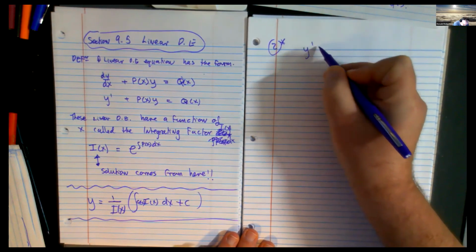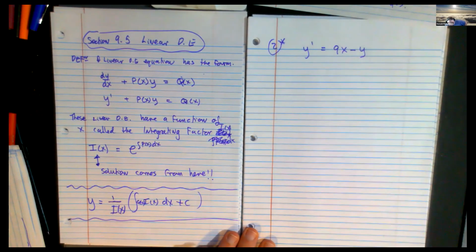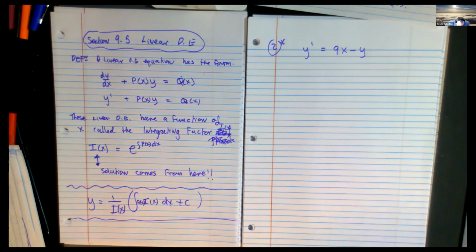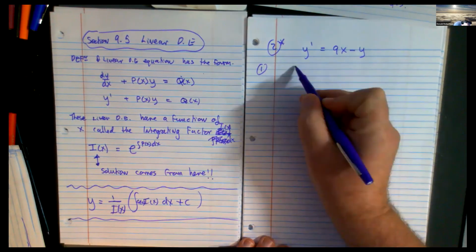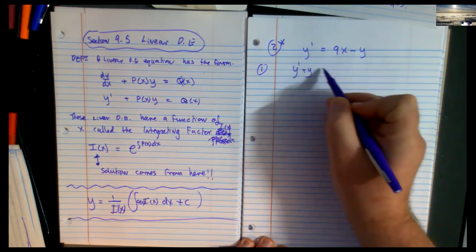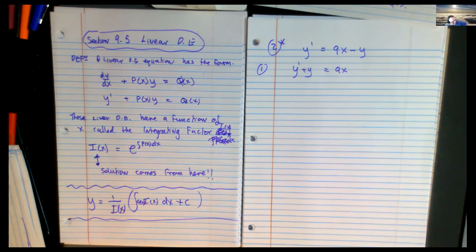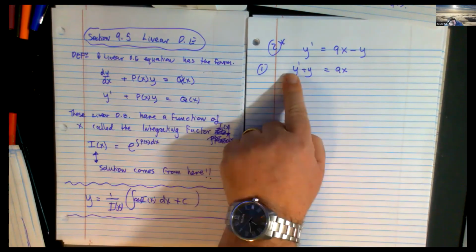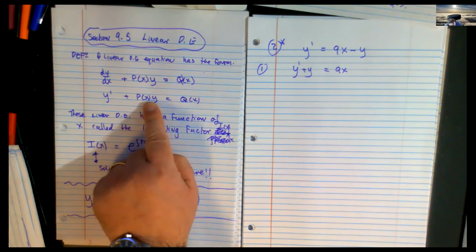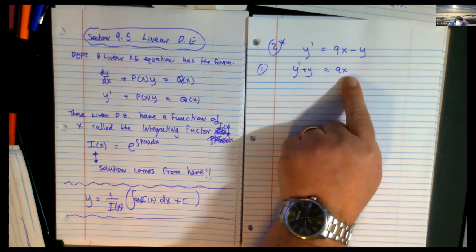Y dashed equals 9x take away y. It's not in its appropriate form. Step 1. Don't I have to add y to both sides? Agreed? It has to be a derivative, check, plus something times y, in this case 1 times y, equals the x is on its own.